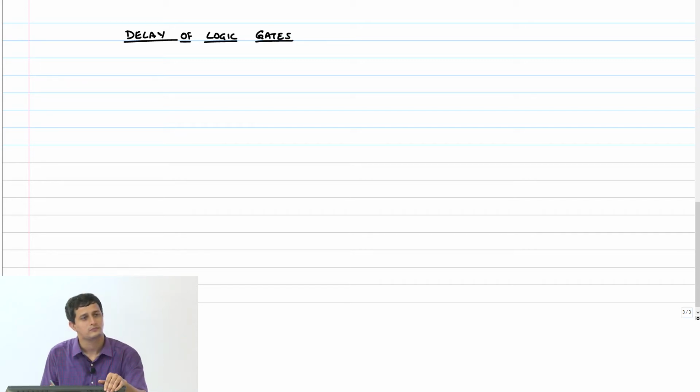Okay, right. So with that, we can now start calculating delay of logic gates. Let's start with a simple NAND 2 example.